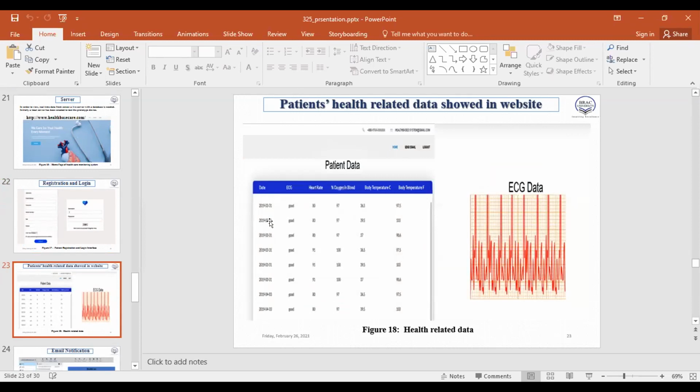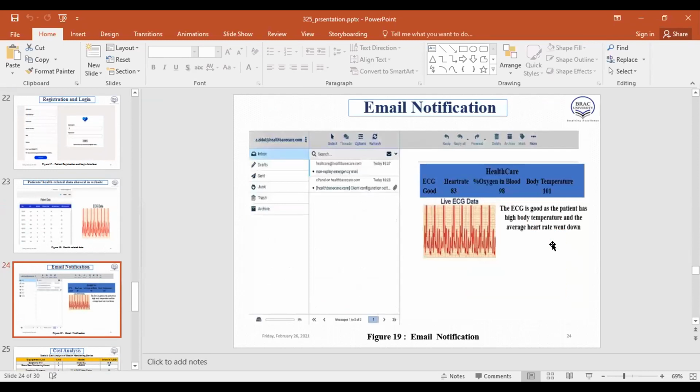Here is the patient health related data shown on the website. We can see the data taken on several dates, then the ECG conditions, heart rate, percentage of blood oxygen, body temperature in centigrade and also in Fahrenheit, and the ECG curve also. If any abnormality is found, an emergency email notification will be sent to the patient, and the doctor can also communicate via live chat through our website.